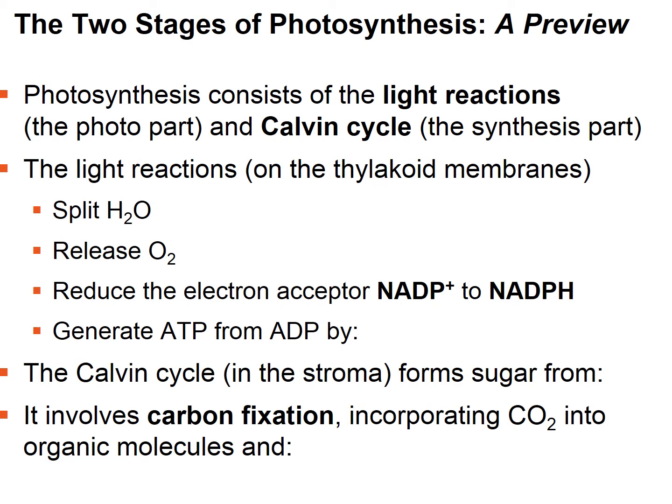Photosynthesis consists of light reactions, this is the photo part, and the Calvin cycle, the synthesis part. The light reactions occur on or in the thylakoid membranes. During the light reactions, we split water, release oxygen, reduce the electron acceptor NADP+ to NADPH, and we're going to make ATP from ADP by phosphorylation.